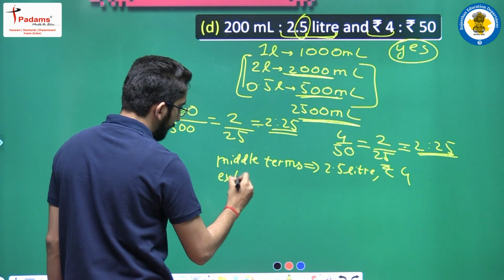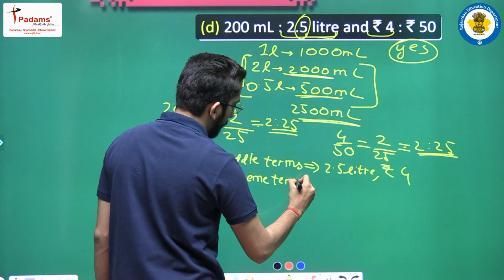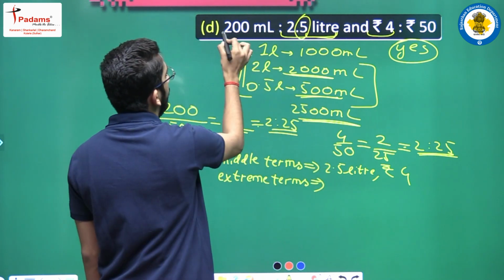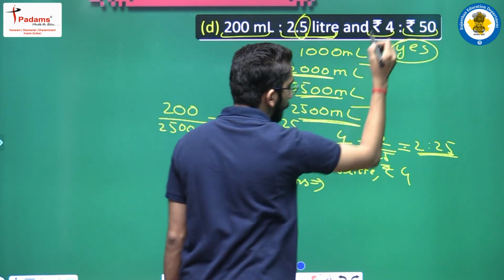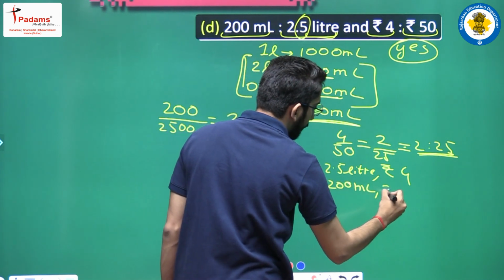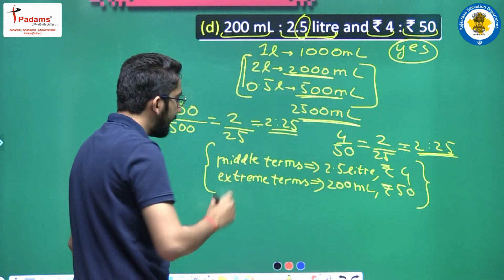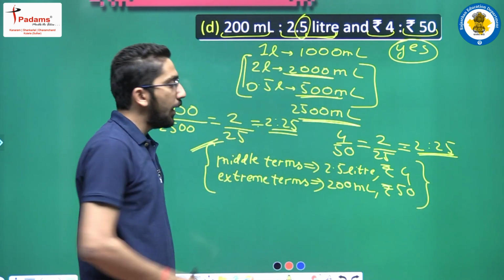And then extreme terms are 200 ml and ₹50. These are the middle terms and extreme terms for the given proportion.